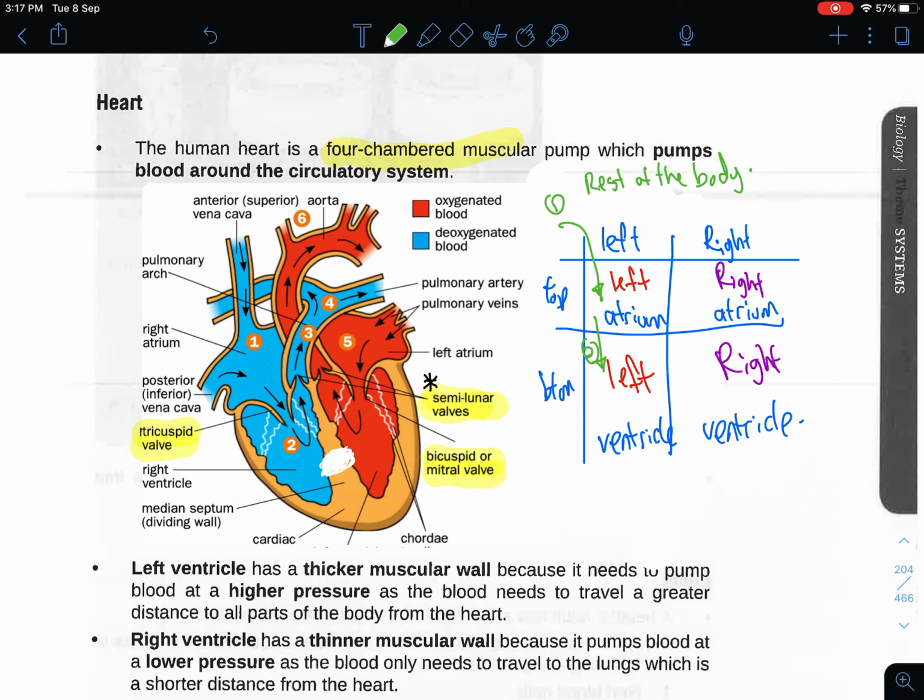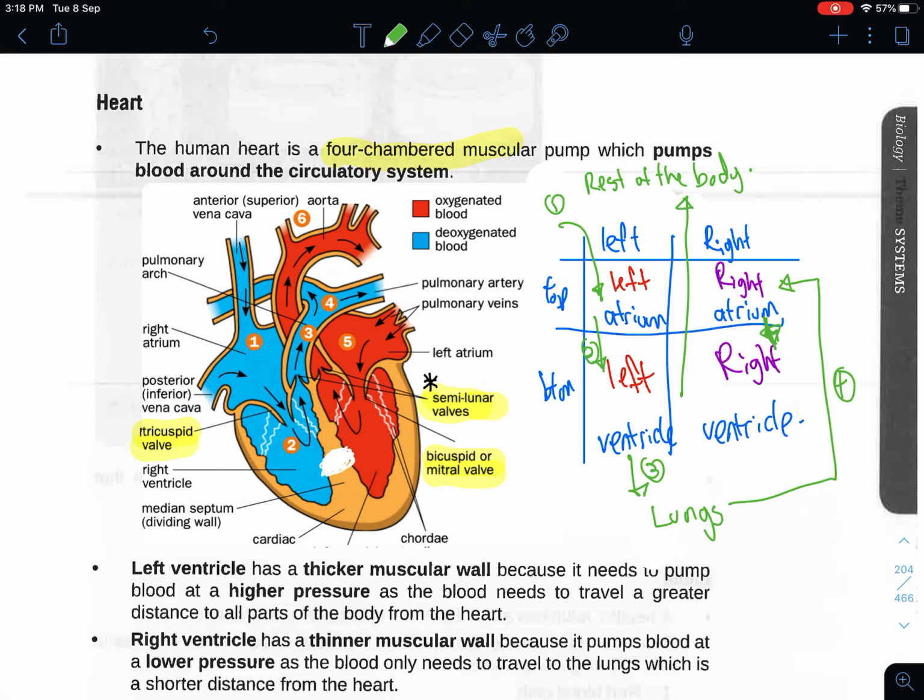Then after that, the blood from the left ventricle will go to the lungs, and from the lungs it will then be transported to the right atrium. After it has pumped to the right atrium, it will then move down into the right ventricle before it pumps back to the rest of the body.